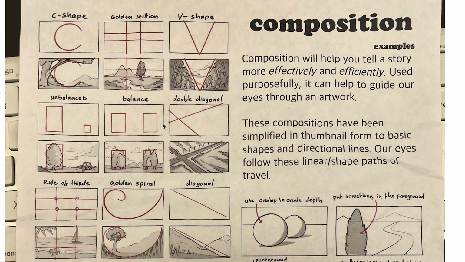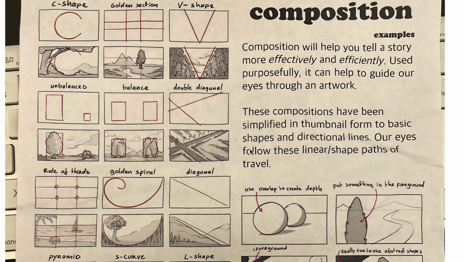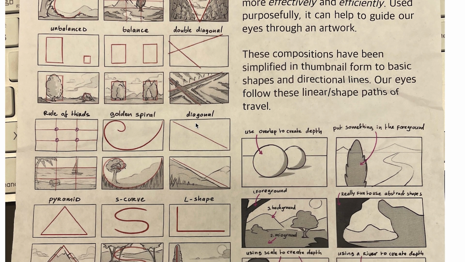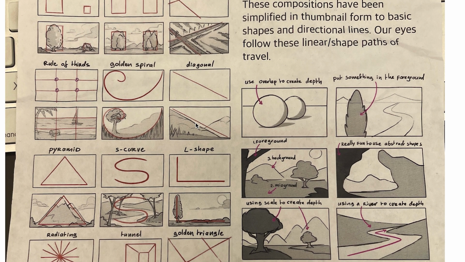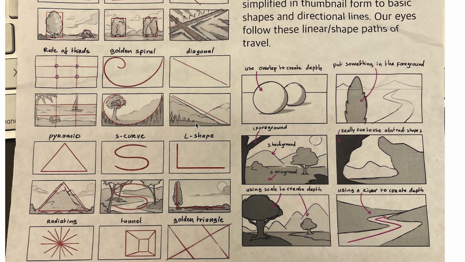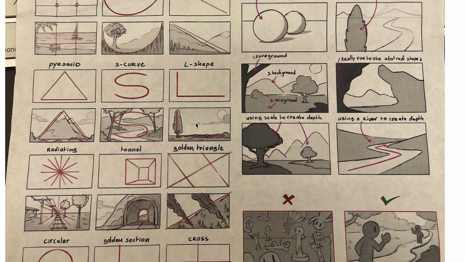Remember, the composition is how the objects and elements are arranged within the format of your canvas, whether that's horizontal or vertical. So this is just by blocking in quick shapes into your space, you can really build a cool composition around simple ideas. A pyramid, an S, an L.